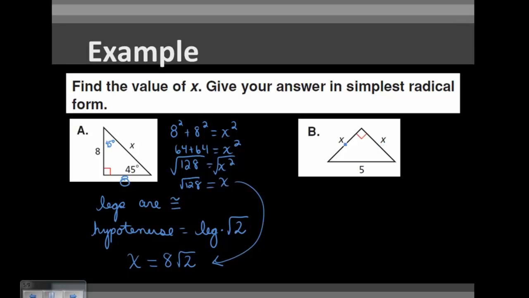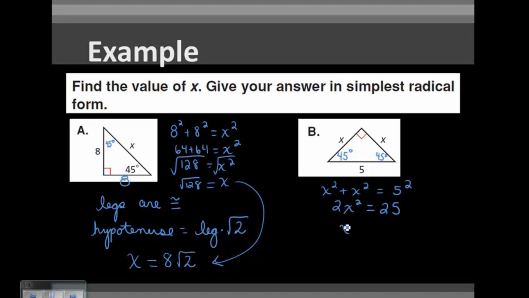Let's try it with this one. We know it's isosceles because we have x and x here. So by the isosceles triangle theorem, we know that this is 45 degrees and 45 degrees because this angle is 90 degrees. Okay, so given that, we know that x squared plus x squared is equal to 5 squared. This gives us 2x squared is equal to 25.